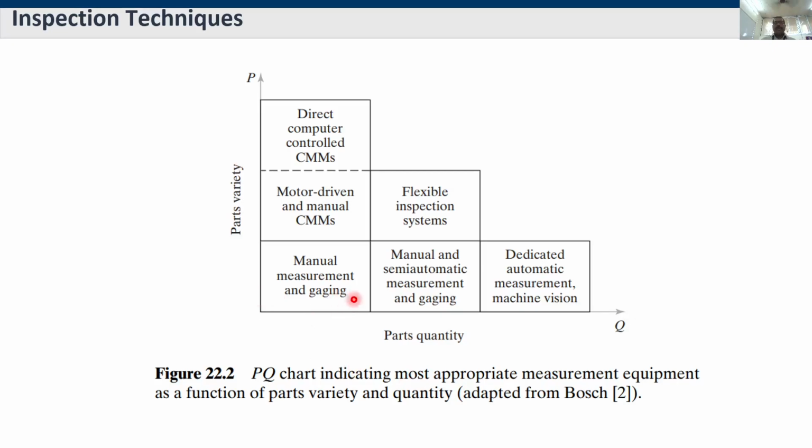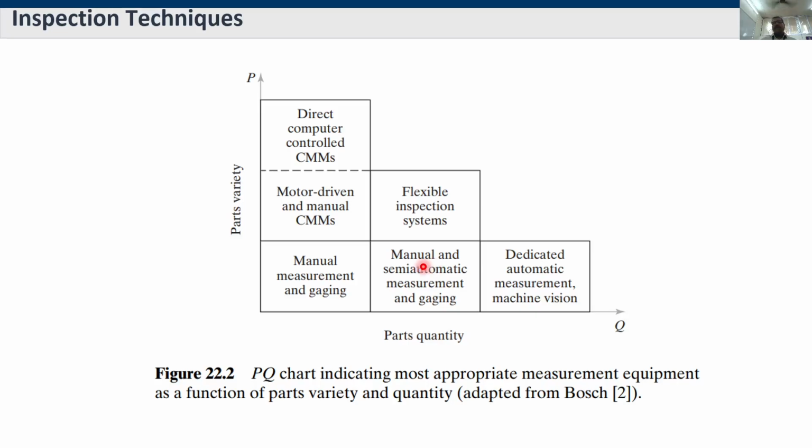But if you increase the quantity, keeping the variety the same, like some fixed numbers, then you have to go with manual and semi-automatic, because completely manual is not possible as the quantity is a little higher. So you have to go with semi-automatic measurement technology as well.